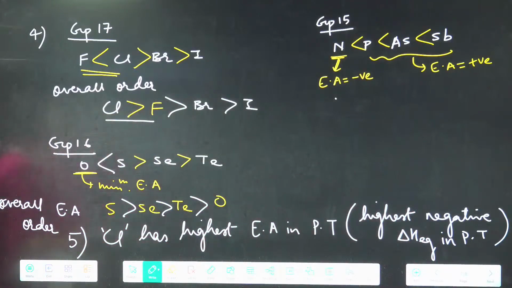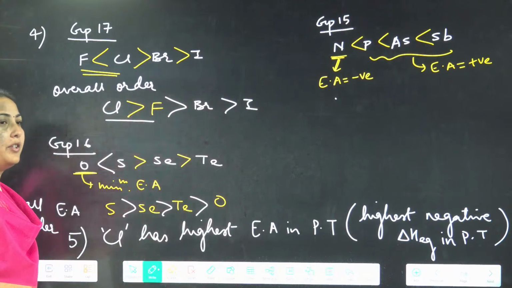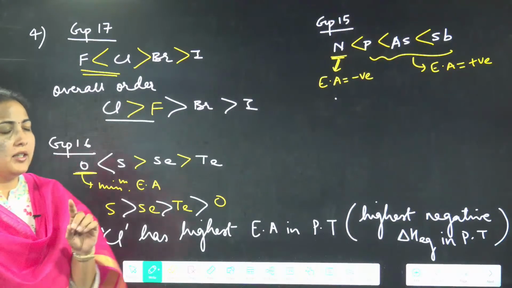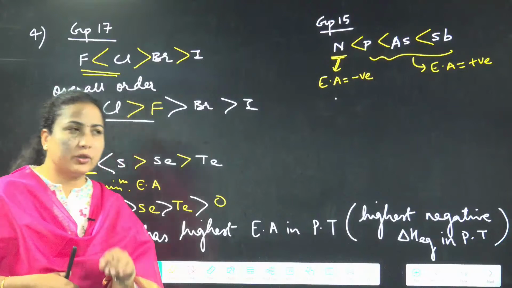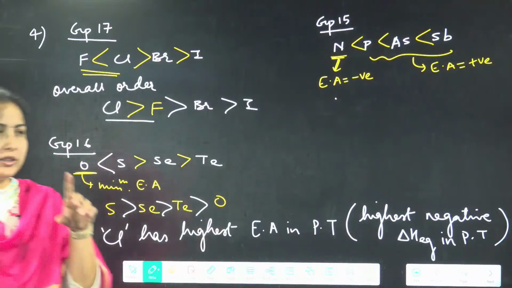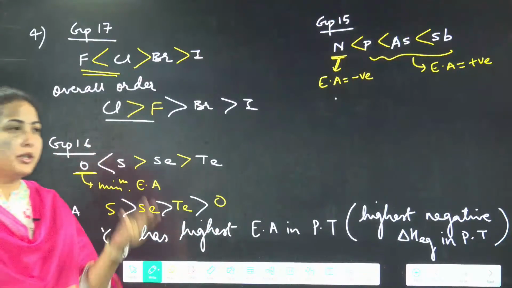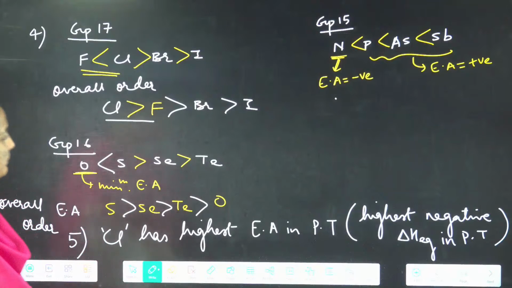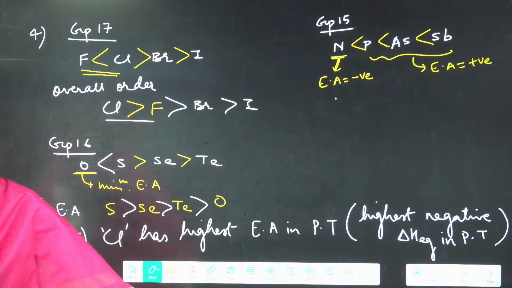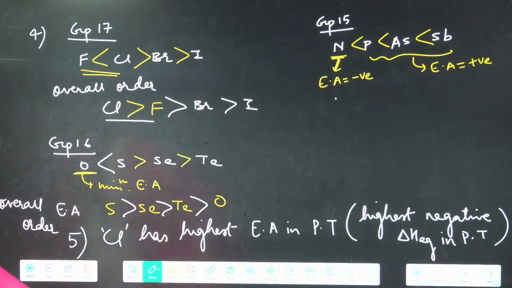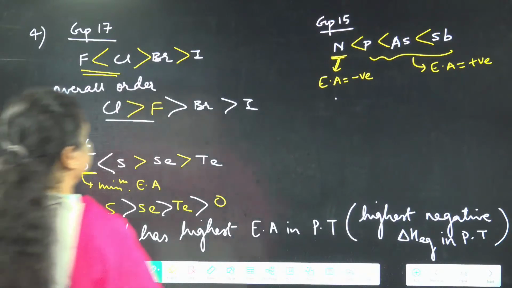Chlorine is that particular element which has the highest electron affinity in the entire periodic table. You will see there is one particular table given in your NCERT which you can refer to, where you will see that it is minus 349. So the highest amount of energy is liberated when chlorine accepts one electron. Okay, clear about it?